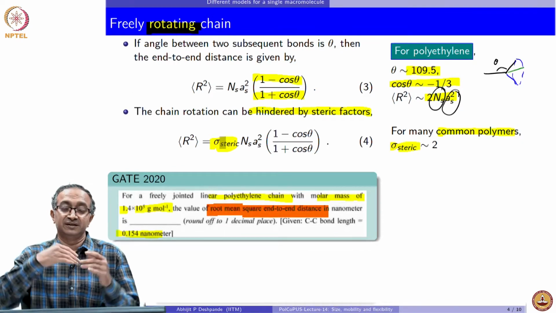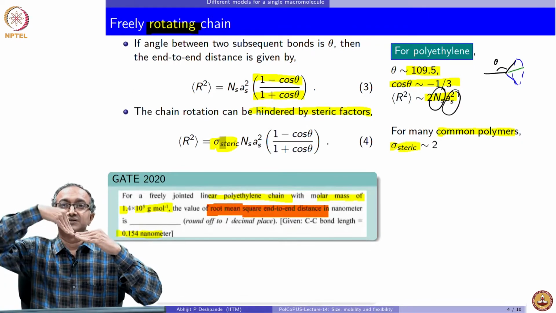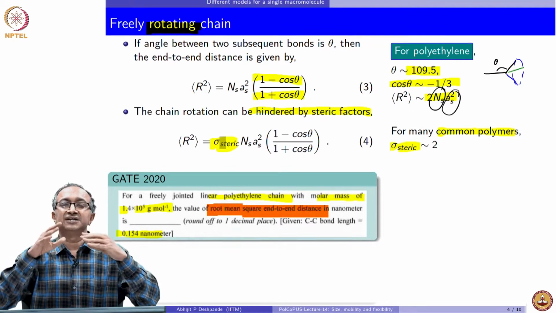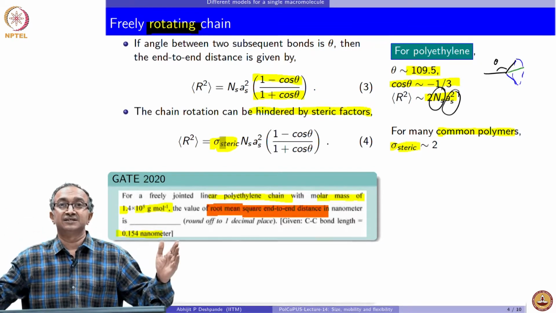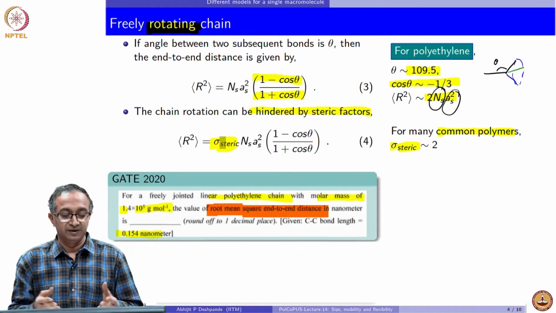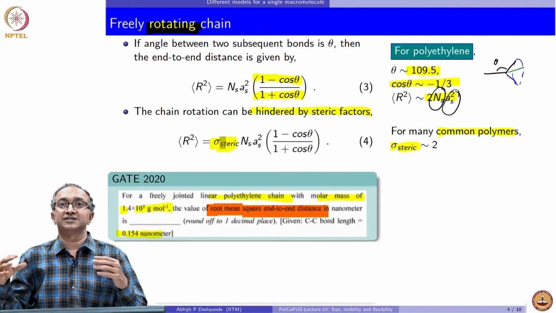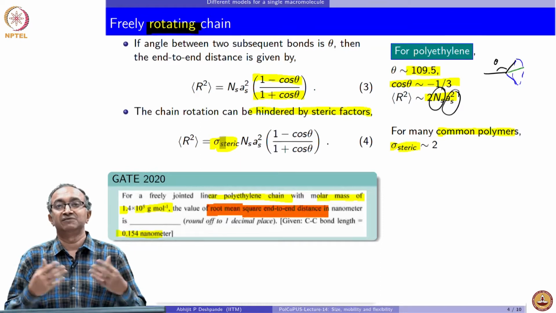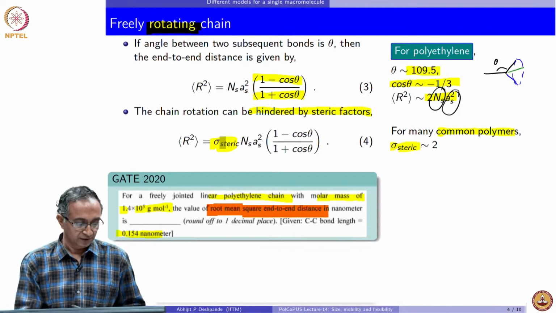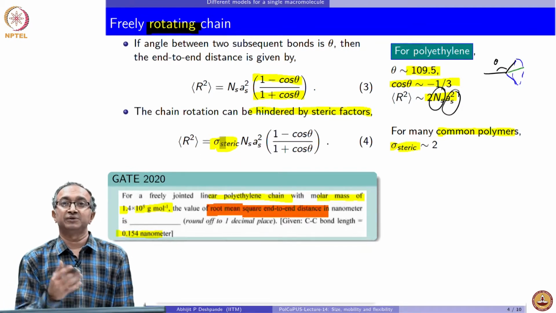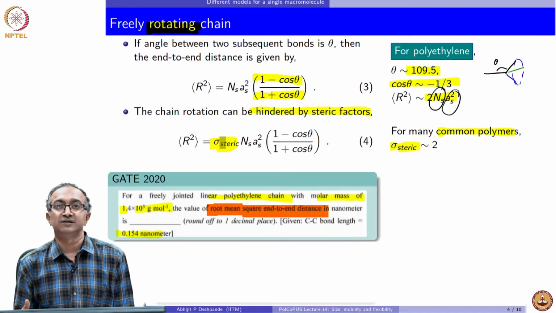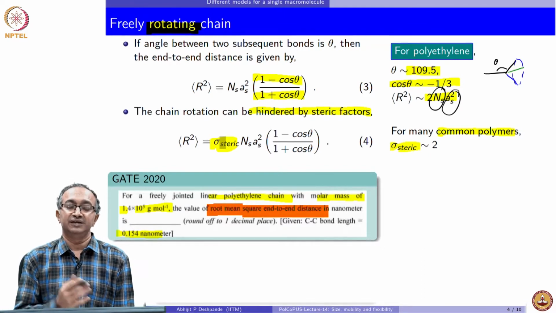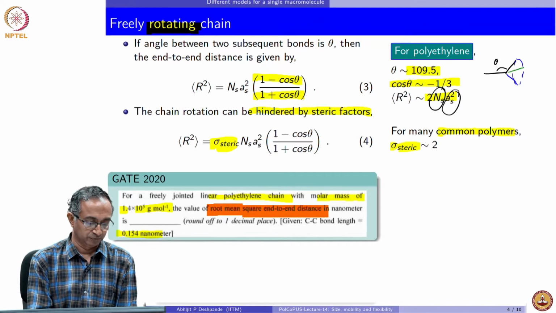As soon as you bring in the fact that in the CC bond there is a tetrahedral angle, the end-to-end distance increases by twice. Then if you add steric hindrances because of bulkier groups, then end-to-end distance becomes even higher. So end-to-end distance therefore can be described based on many of these models, and depending on the situation, one or the other model may be more appropriate.